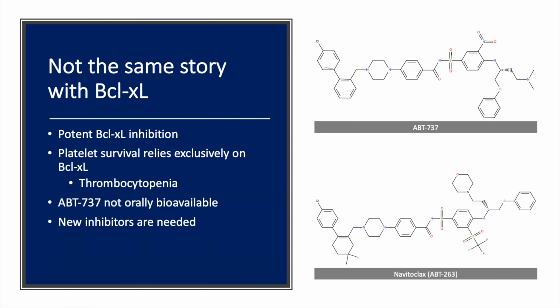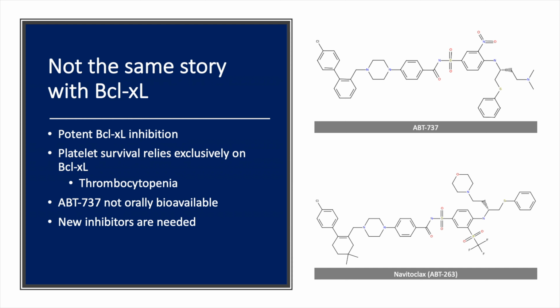In contrast, inhibition of Bcl-xL has proven to be difficult. Previous attempts, such as ABT-737 and navitoclax, demonstrated potent Bcl-xL activity in vitro and in vivo. However, development was limited due to adverse effects. To illustrate, inhibition of Bcl-xL induced platelet cell death, as platelets rely exclusively on Bcl-xL for survival.